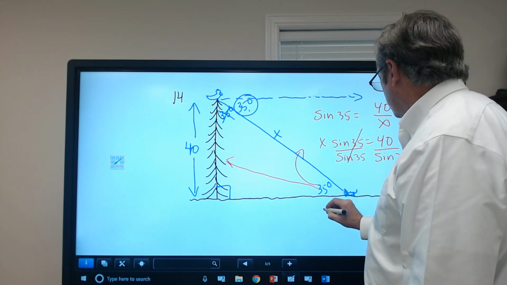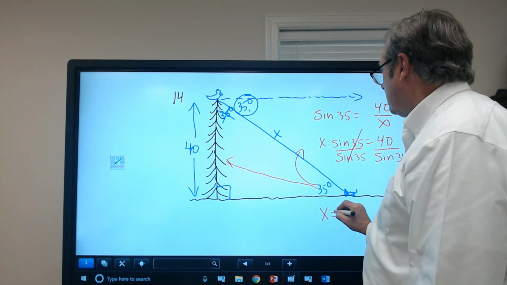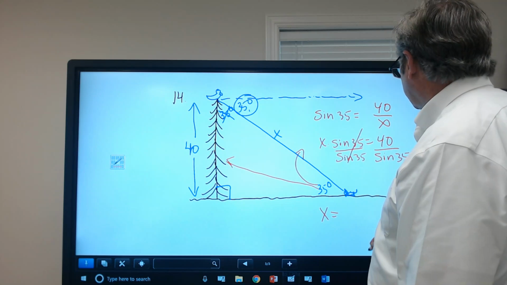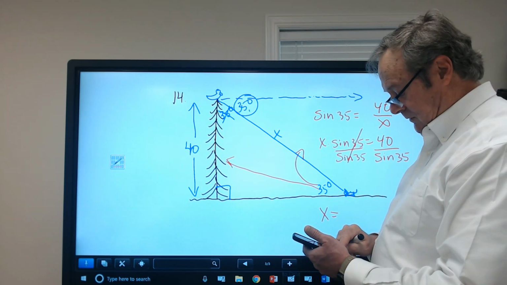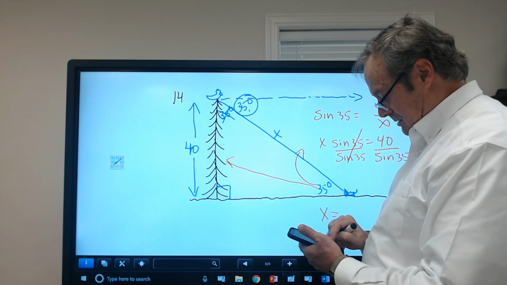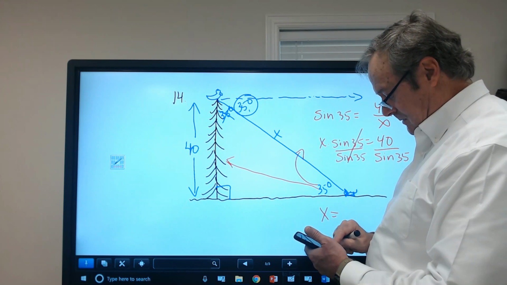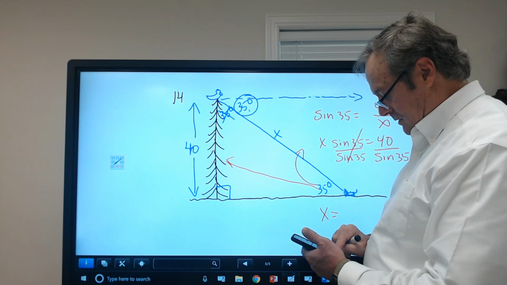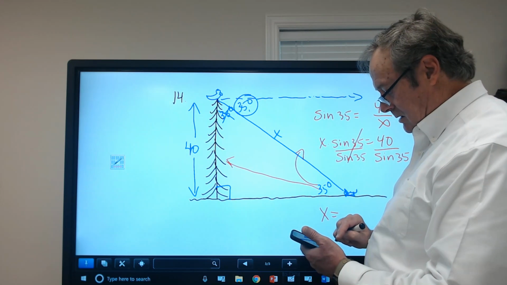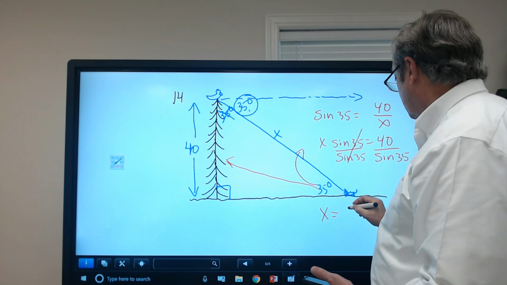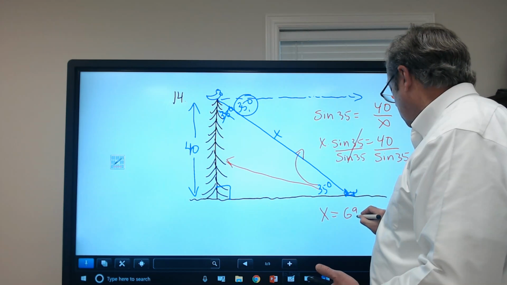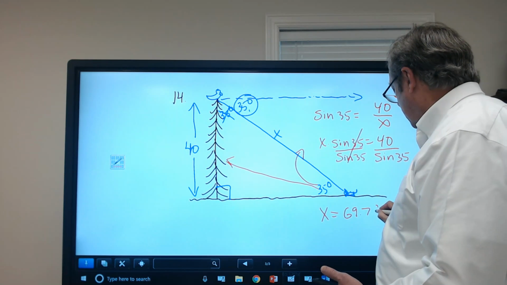And so when we're done, the length from the eagle to the cat is 40 divided by sine 35. So let's do it. 40 divided by sine 35. And I got 69.7 feet till he eats the cat.